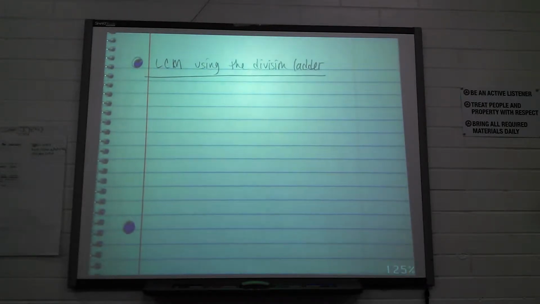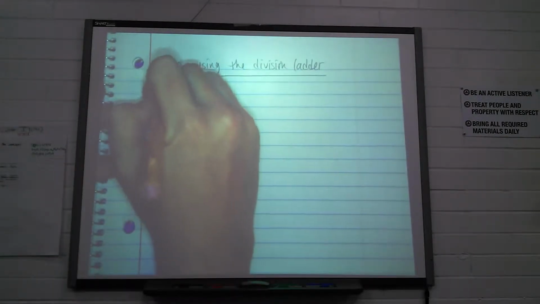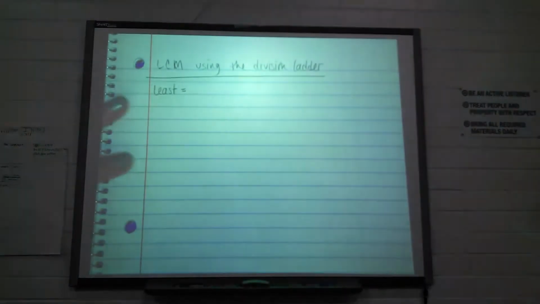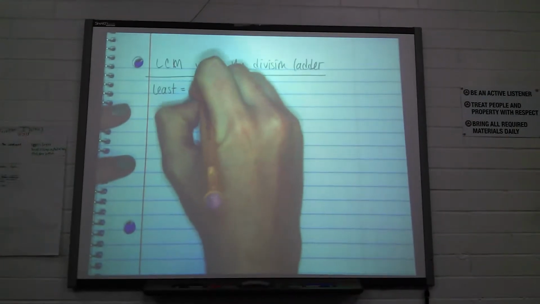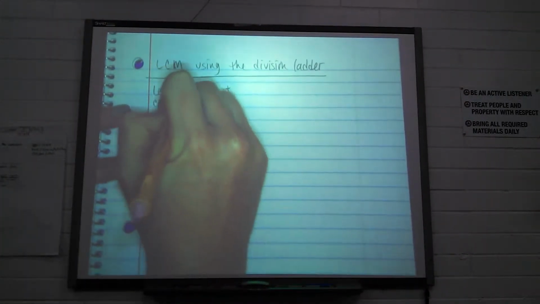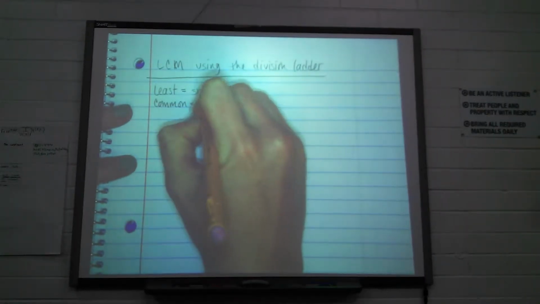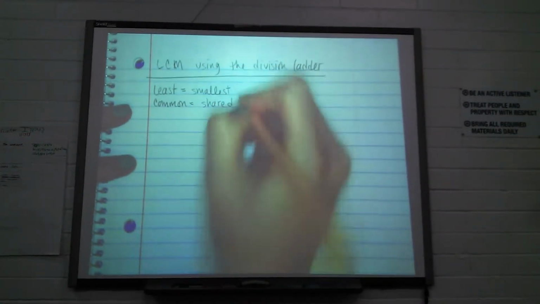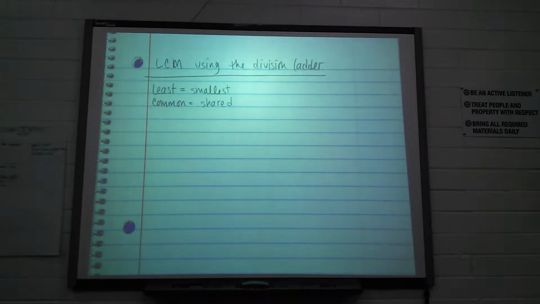Okay, let's start like we did with greatest common factor, and let's define what LCM is. Least means smallest. Common, as we learned with greatest common factor, is something two or more numbers share.